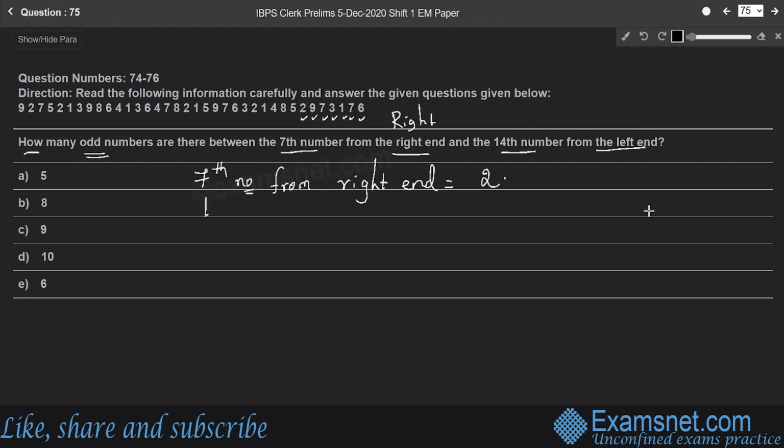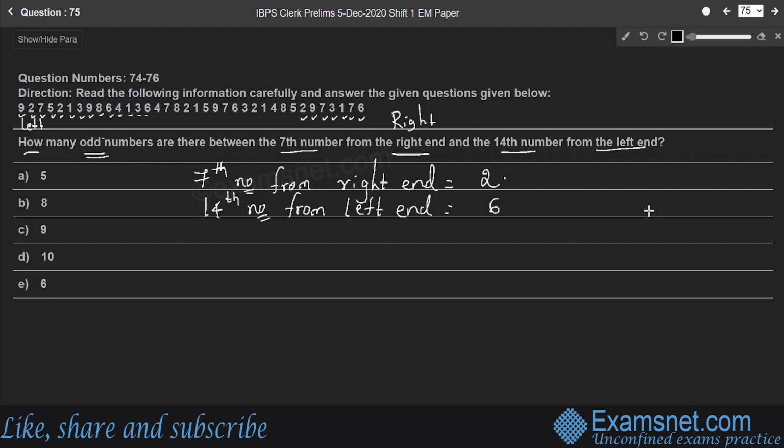And the 14th number from the left end, counting 1 to 14, is 6.